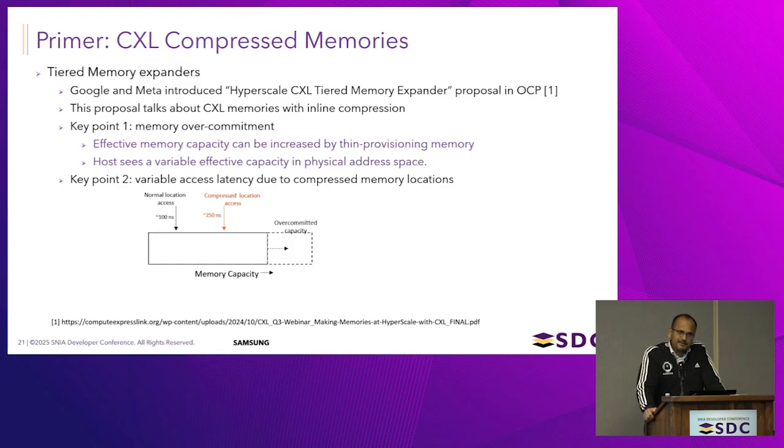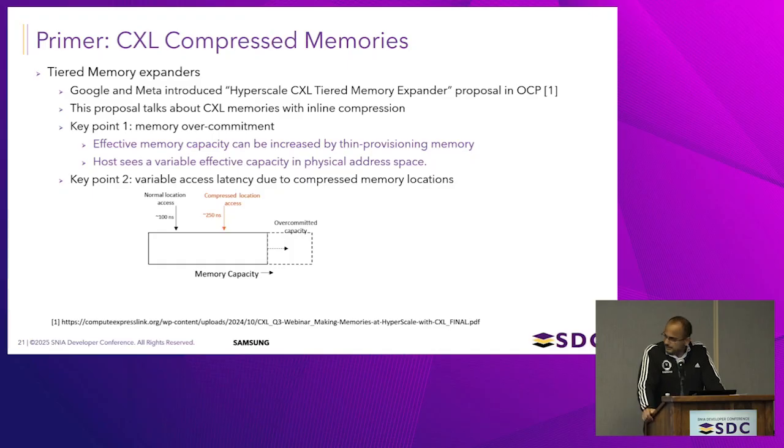In particular, it talks about CXL memories with an inline compression feature. That means some of the data in the memory device could be internally compressed by the device without the host's knowledge, and it's transferred to the host. So the host need not know about the level of compression in the device and so on.